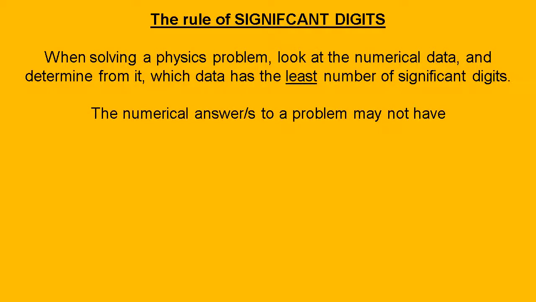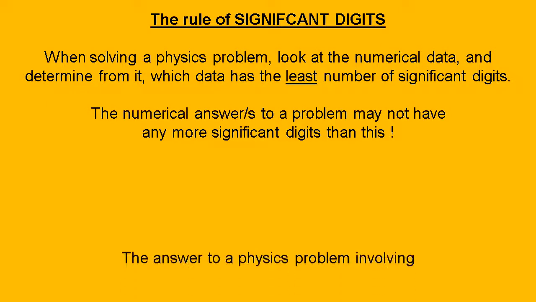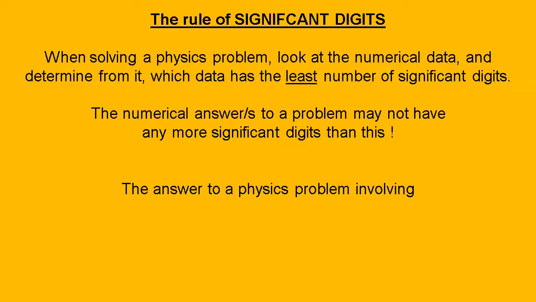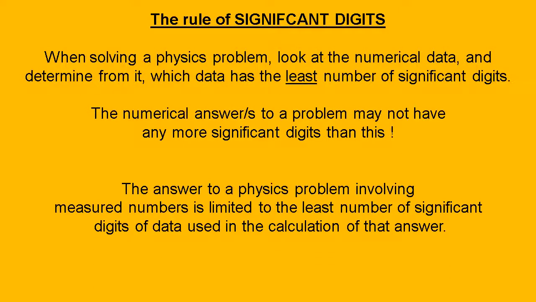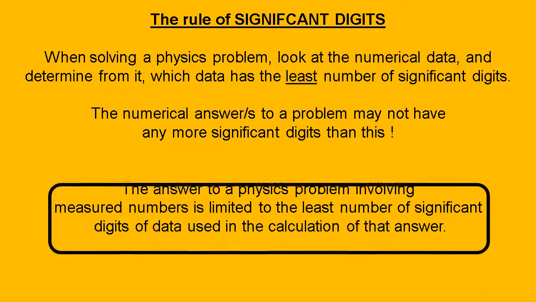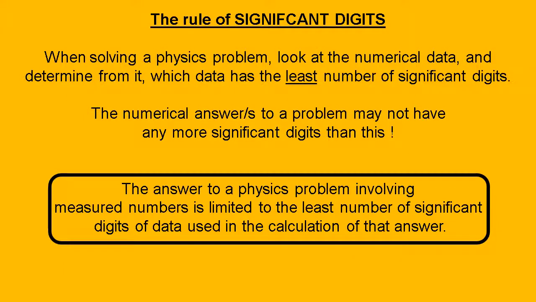The numerical answers to a problem may not have any more significant digits than this. The rule is: the answer to a physics problem involving measured numbers is limited to the least number of significant digits of the data used in the calculation of that answer. All right?